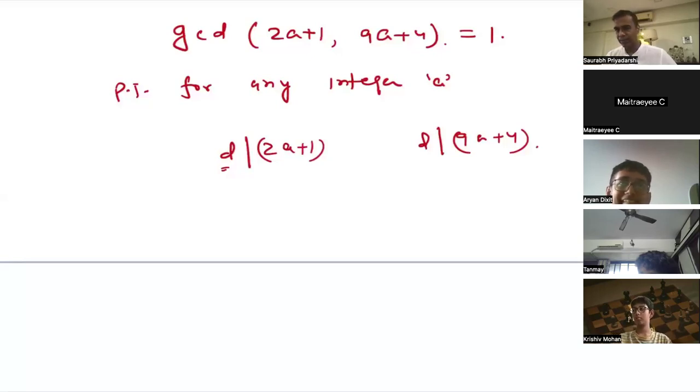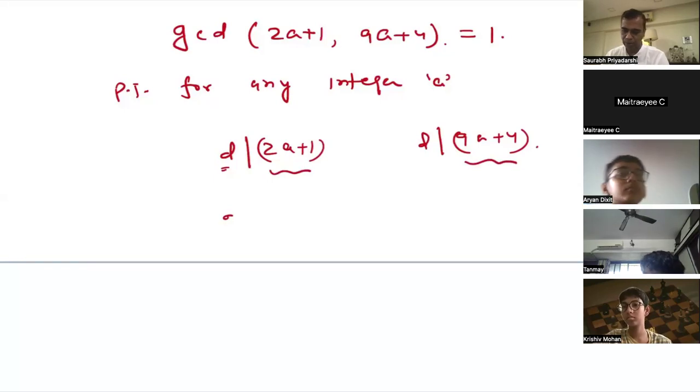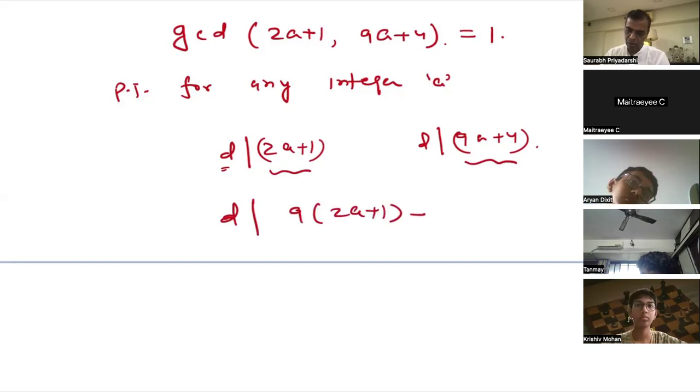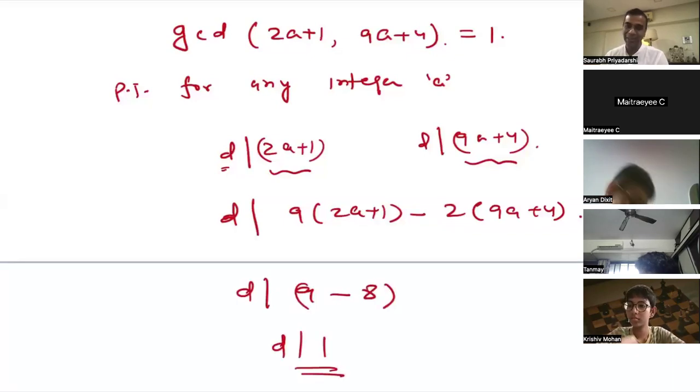Can I say this? Or we can say, if I multiply a few numbers with these, D must also be a factor of the result. So D must divide 9 minus 8. Oops. D is coming as 1.